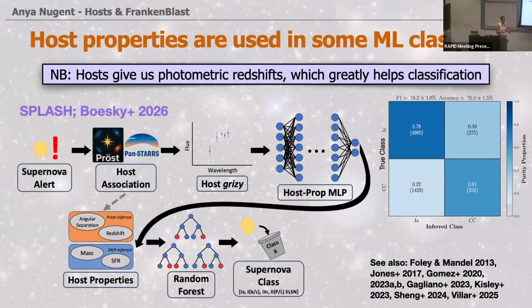I'm highlighting one in particular. This is Splash. Basically, Splash receives an alert of a transient. It determines a host galaxy for that transient. And then through getting optical photometry of that host galaxy, it infers a star formation rate and stellar mass, as well as a redshift. Along with the offset of the transient from the host, it determines if that transient could be a type 1a supernova versus a core collapse supernova.